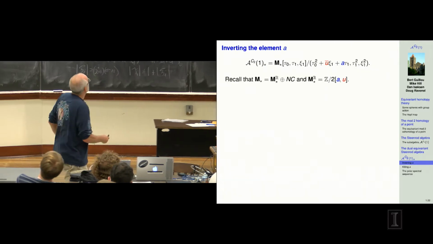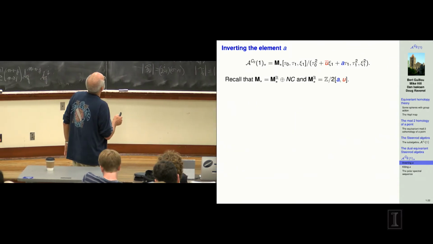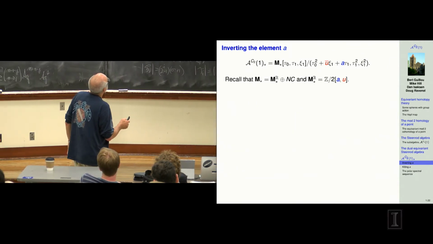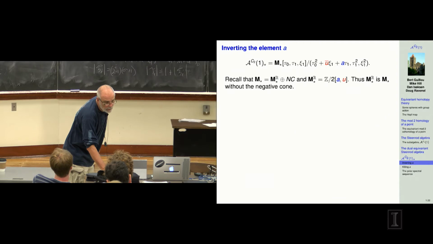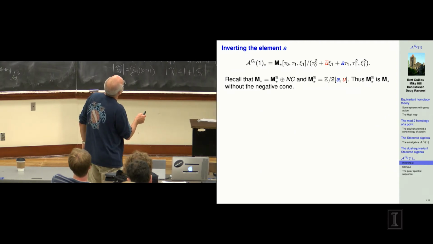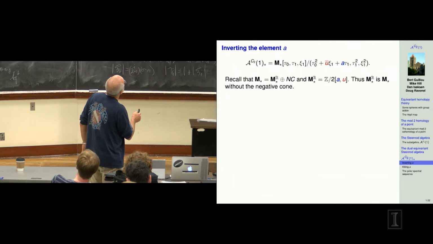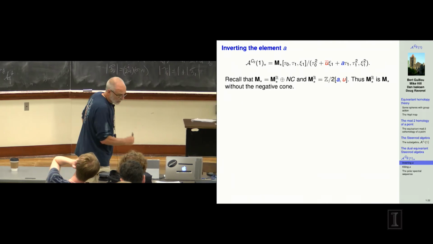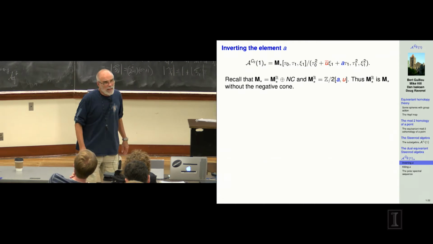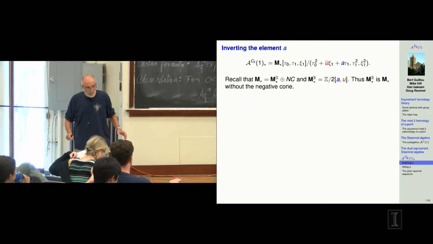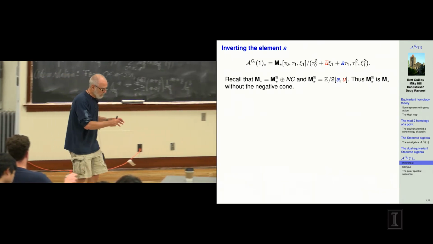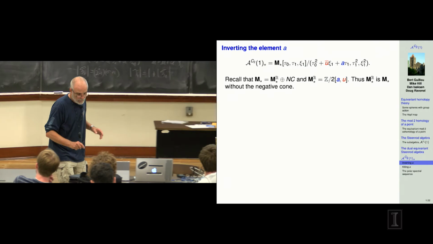Now, remember the coefficient ring itself is the polynomial algebra on A and U plus this negative cone. And I'm not going to say much about the negative cone, but the real motivic coefficient ring is the same as the C2 equivariant one without the negative cone. So in that sense, C2 equivariant homotopy theory has more information than real motivic homotopy theory because we have the negative cone and they don't.